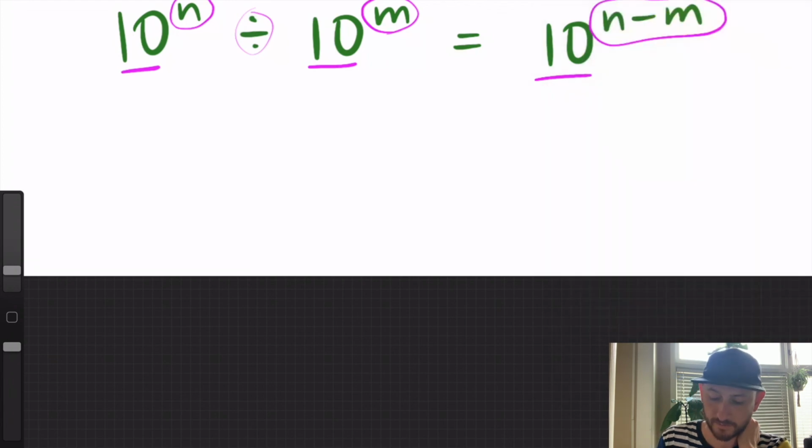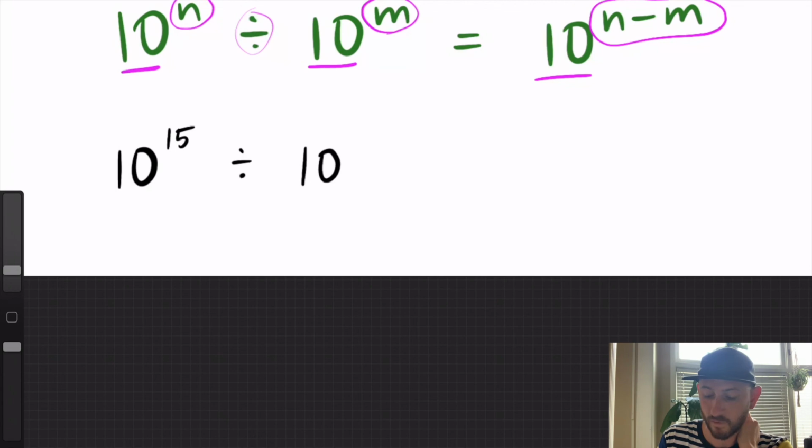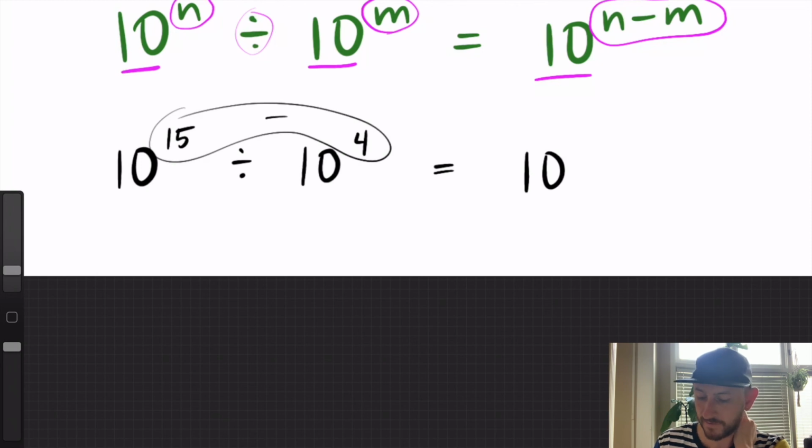So I'll use another example. Let's say 10 raised to the power of 15 divided by 10 to the power of 4. That would equal 10 to the power of 15 minus 4, which in standard form would be 10 to the power of 11.